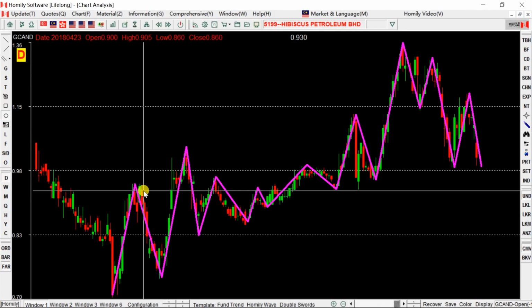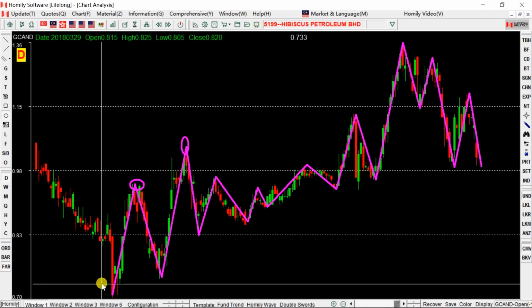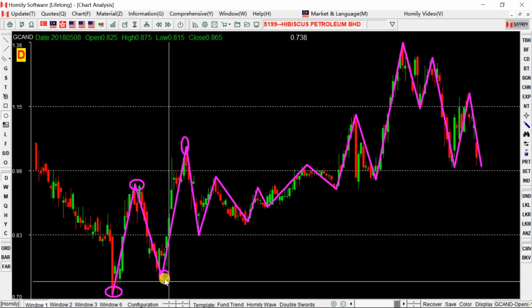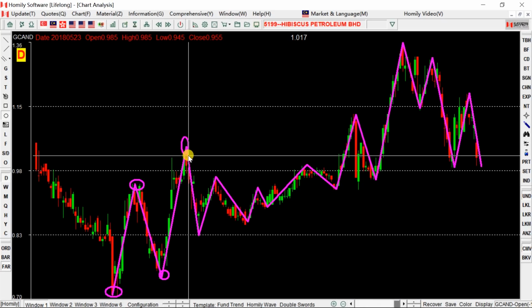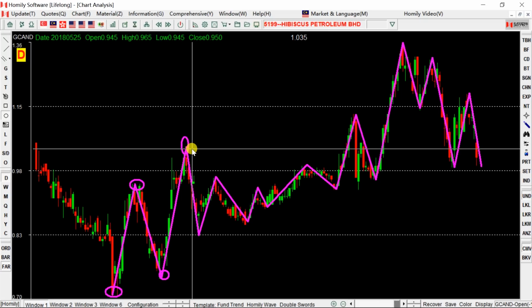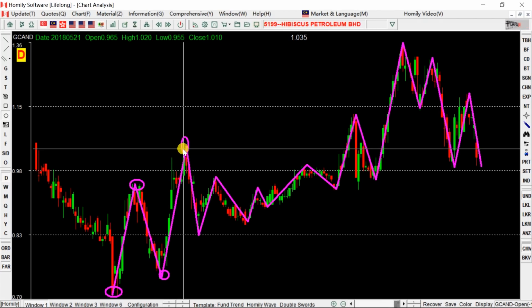We see this is a higher high, higher high, and this is a higher low. So when this high appears, we know this is an uptrend because we see an uptrend is a higher high and higher low.